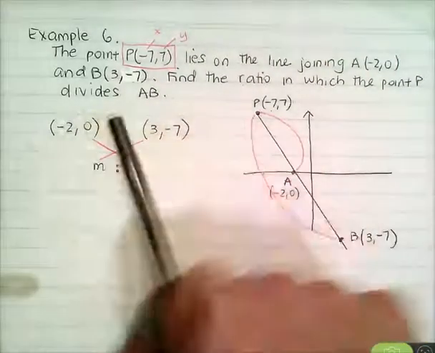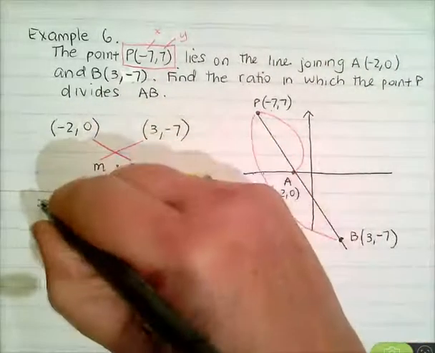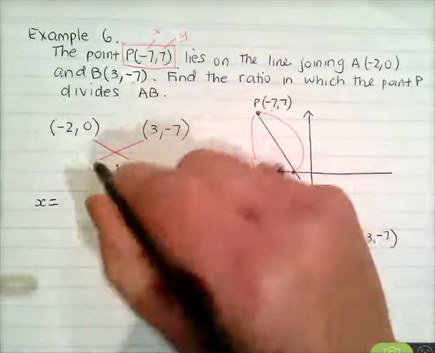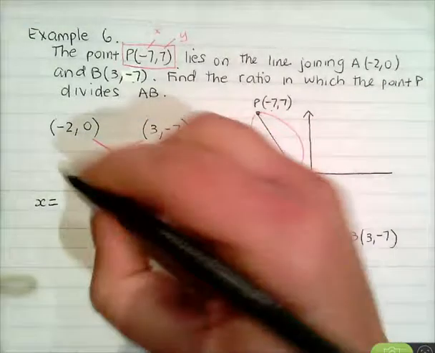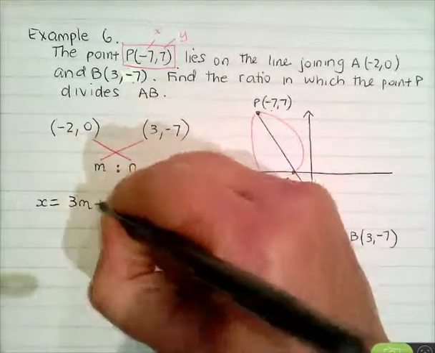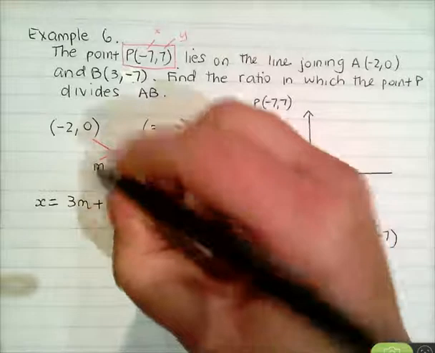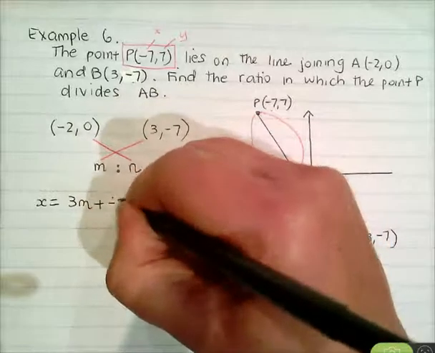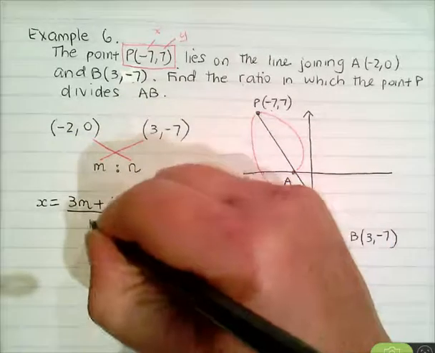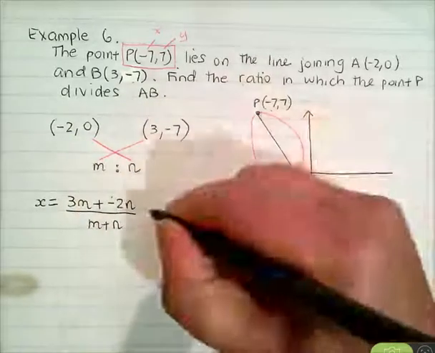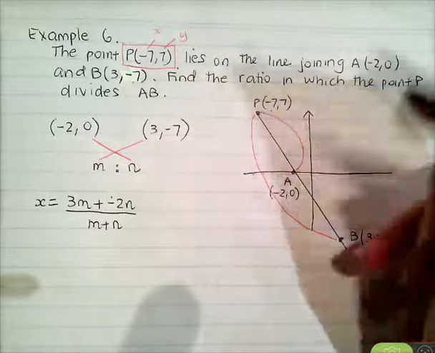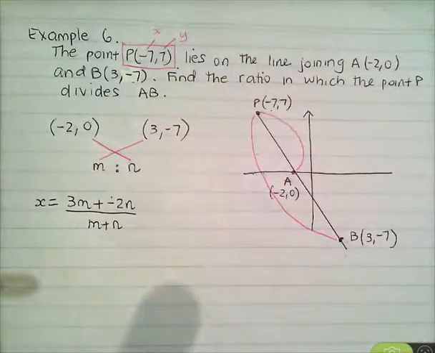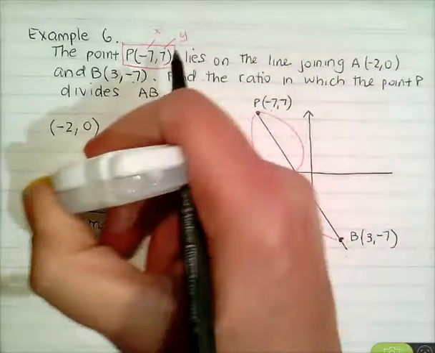So I'm going to set up my equation. My first equation deals with the x's. So I get x equals, remember we start from the left, m times 3, or 3m, plus n times -2, which is plus -2n, over m plus n. And that gives me my x value. Sorry, we do know what that x value is, and the x value is -7.